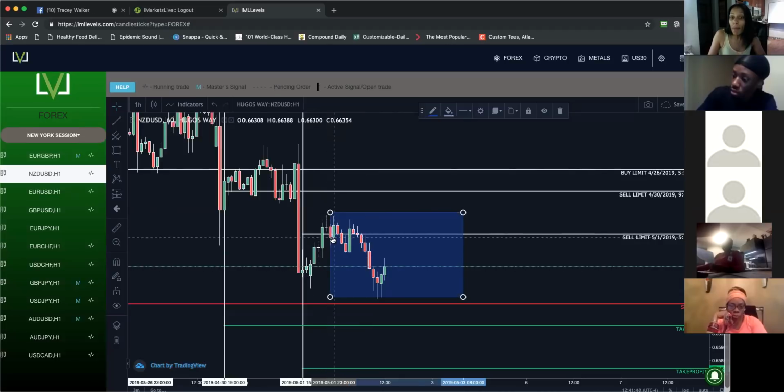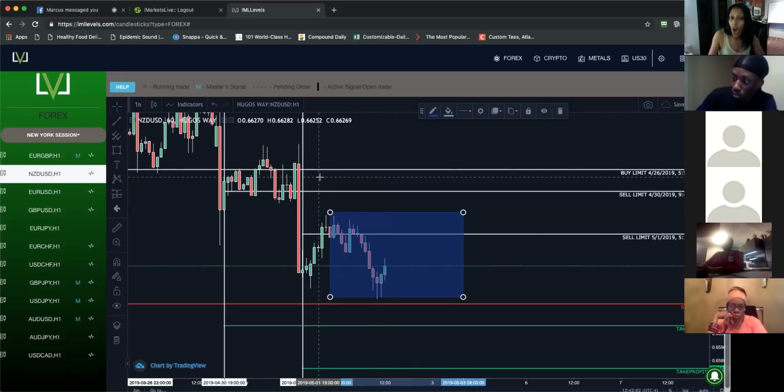It's going to go up to touch it. It's going to come back down for your take profit. Okay. If it were a buy, it would be the reverse, meaning that price would need to be on top. Price would come down to the line, and then it would reverse and pivot and go back up. It would create a V.